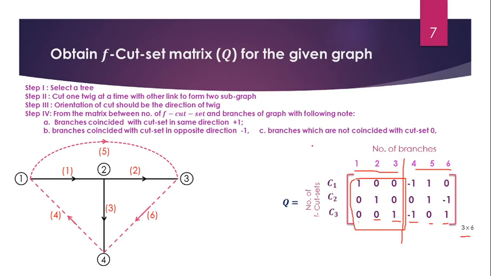But maybe the tree we select is different, so then we have to rearrange this F cut set matrix in the form of twigs first and links later. And in the case of the tie set matrix, we have taken the link matrix first and the twig matrix later, just to recall or remember that matrix, nothing else.